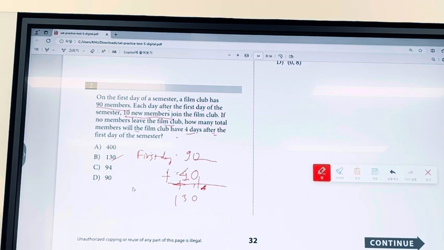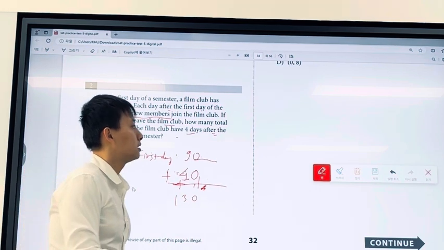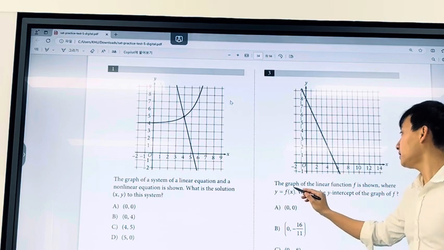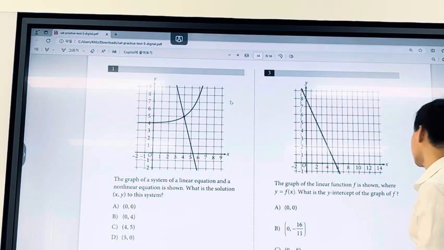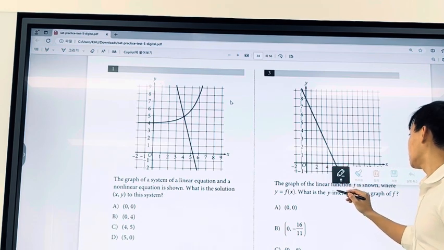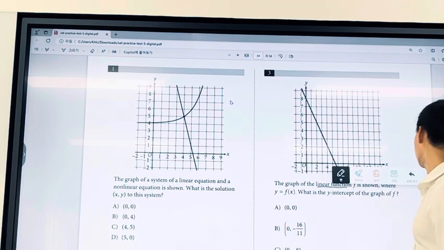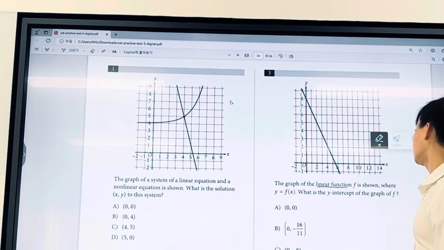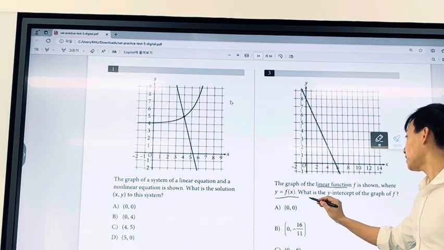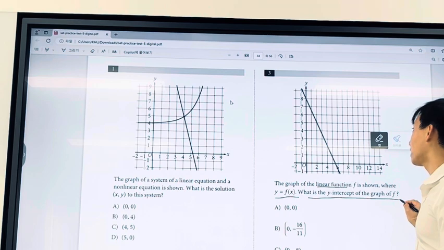You can see on the screen, the graph shows the linear function f of x, where y equals f of x. What is the y-intercept of the graph of f of x?